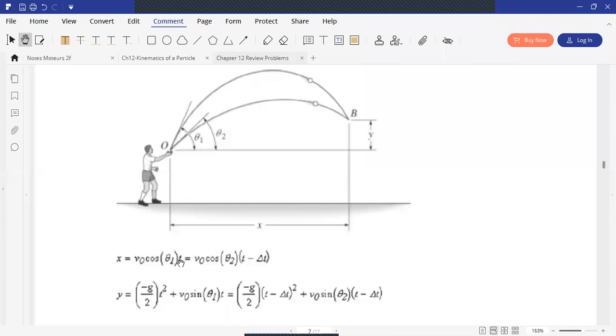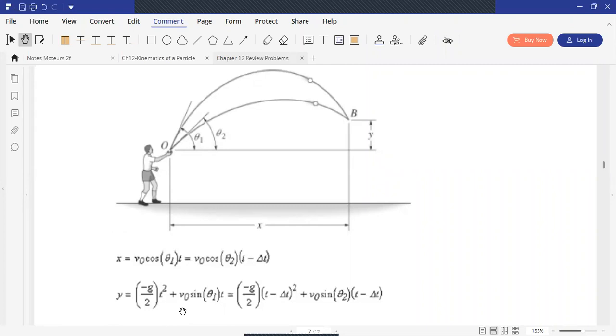For the second ball, it's the same equation, but theta is theta 2, and the time is t minus delta t, because particle 2 is launched after particle 1. So this is my first relation: x of particle 1 equals x of particle 2.